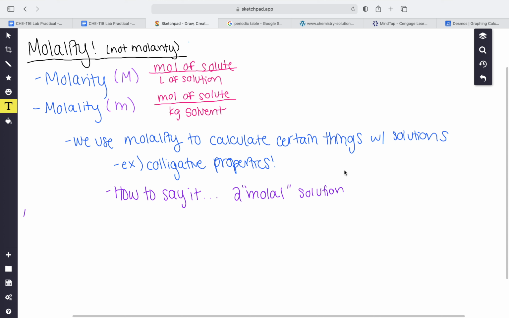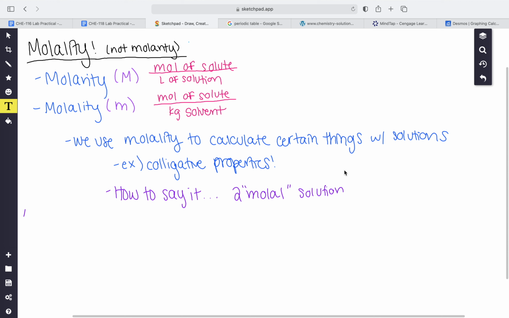That's why we use molality. We use it to do calculations with solutions where we're going to need kilograms instead of liters.